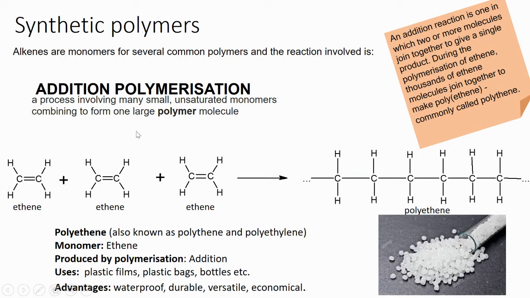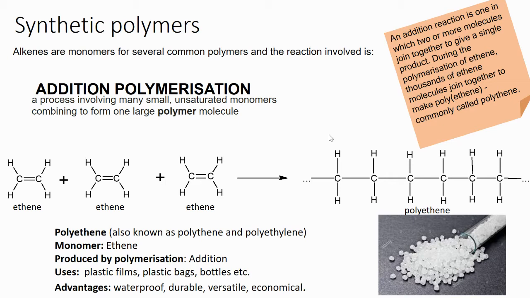Synthetic polymers. Alkenes are monomers for several common polymers, and the reaction involved is addition polymerization, just like the addition reactions that alkenes undergo. If you have the same alkene and it joins to itself, then you can make big long chains. An addition reaction is one in which two or more molecules join together to give a single product.